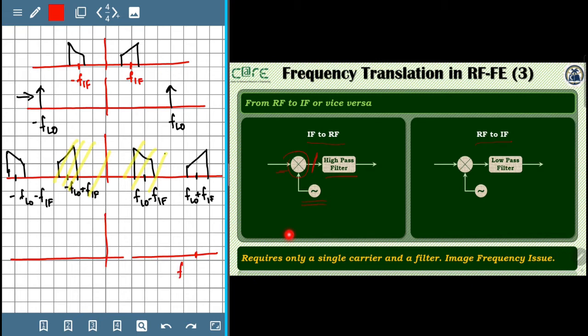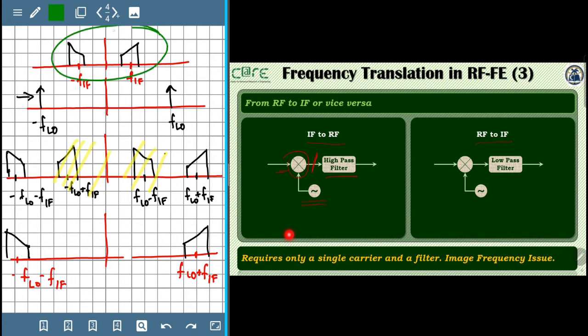There will be a signal at F_LO plus F_IF, and correspondingly at minus F_LO minus F_IF, and the spectrum of this signal would look like this.